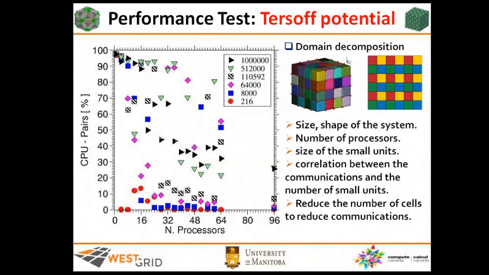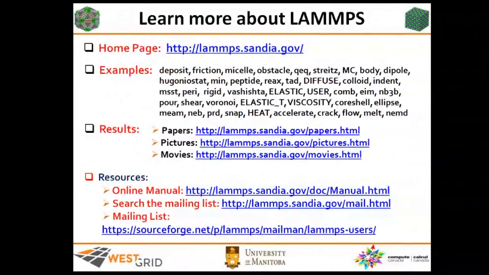So if you increase the number of small boxes, you automatically increase the communication. If you increase the communication, you spend more time for nothing. Here I have an example with 1 million particles. I see that I have a good efficiency until 16 processors. But if I go above 16, I spend about 40–50% of the time in communication.